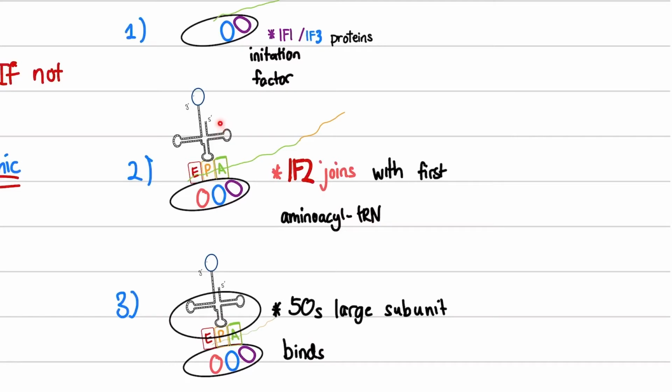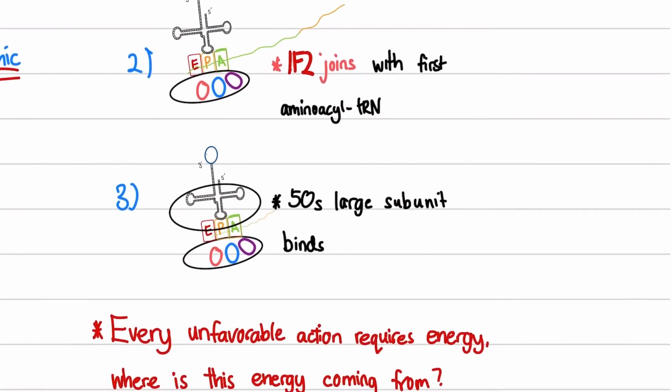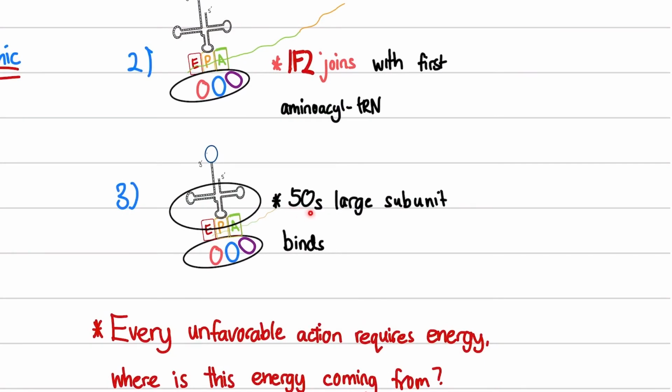The first tRNA is going to bind to the P site, and the IF2 factor joins with it. This step requires energy, and we're going to talk about that in a second. The last thing that happens is the 50S large subunit comes and binds onto this entire complex. So now we have the initiation complex completed.